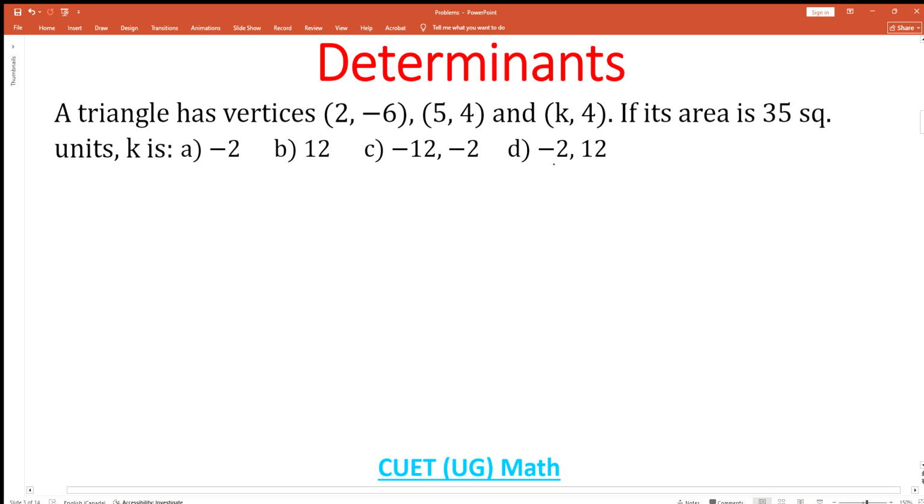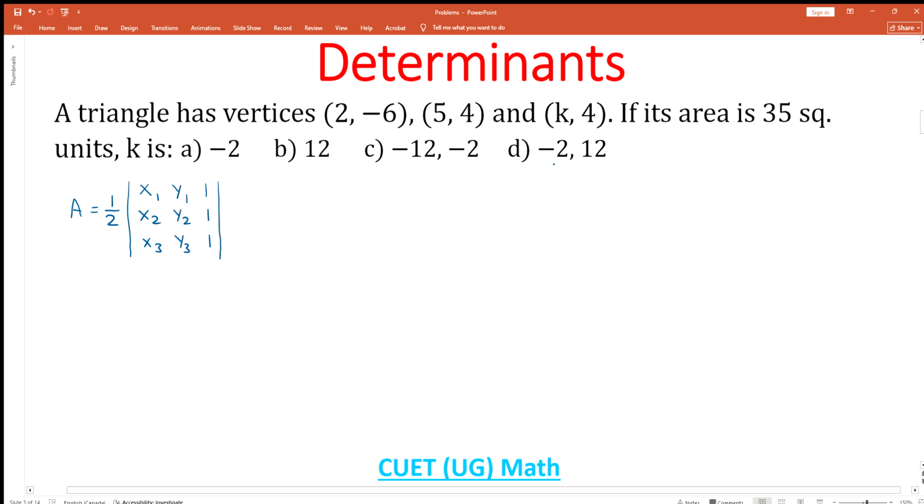Let's start by writing the formula for finding area of a triangle using determinants. The formula is A equals 1 over 2 times the absolute value of the determinant of the matrix x1, y1, 1, x2, y2, 1, x3, y3, 1. This is a 3 by 3 matrix.